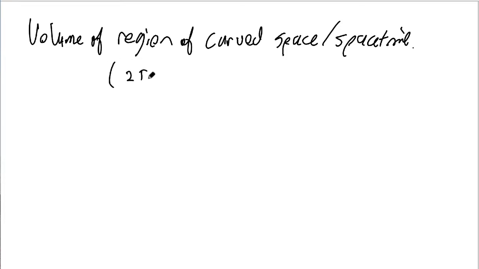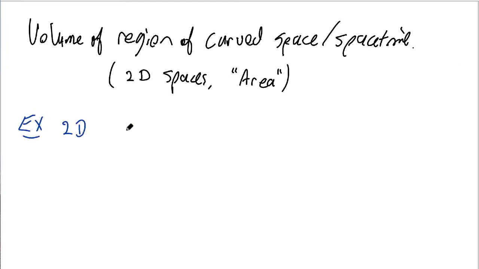In the case of two-dimensional spaces, I'll often use the word area instead of volume. So let's start with a simple example. Let's take two-dimensional flat space. How do we compute the area of a region?